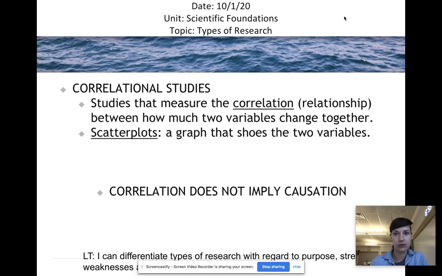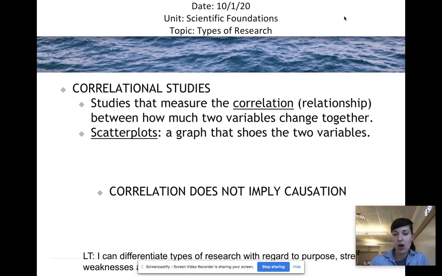Okay? And there are some weird correlations in the world that are clearly not causations, and we'll talk more about that tomorrow. Just because two things rise together or fall together does not mean that one causes the other. It is not a cause and effect relationship.